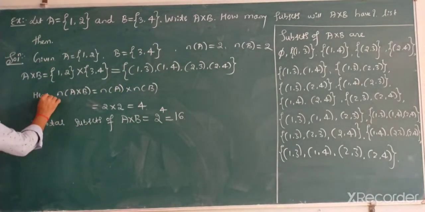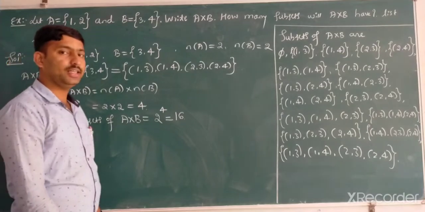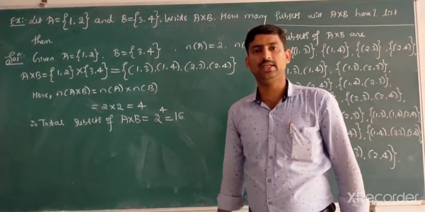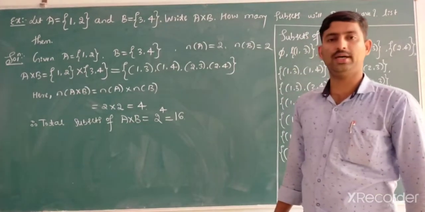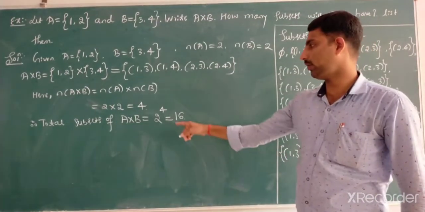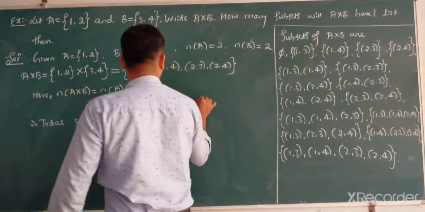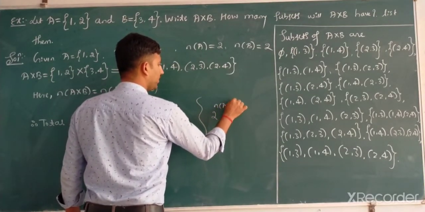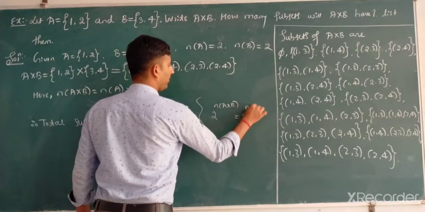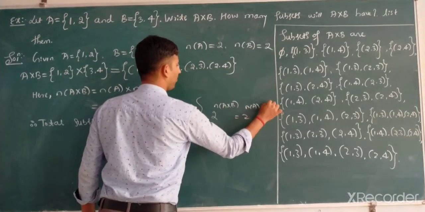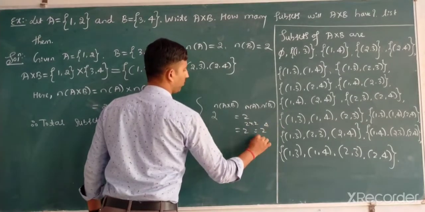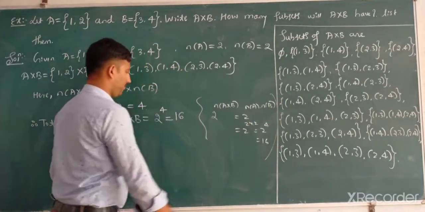After that, what is the formula for finding the number of subsets? It is 2 to the power n(A cross B), which is 2 to the power n(A) into n(B), which is 2 to the power 2 into 2, that is 2 to the power 4, which is 16.